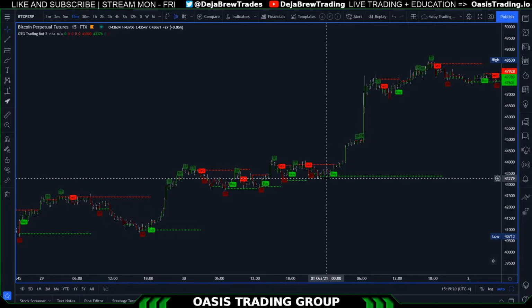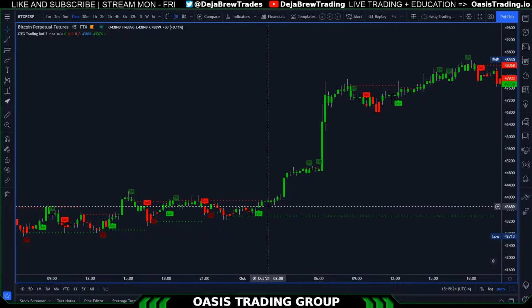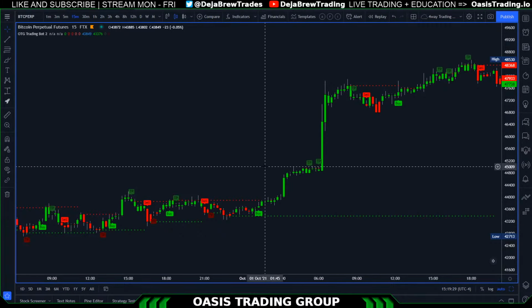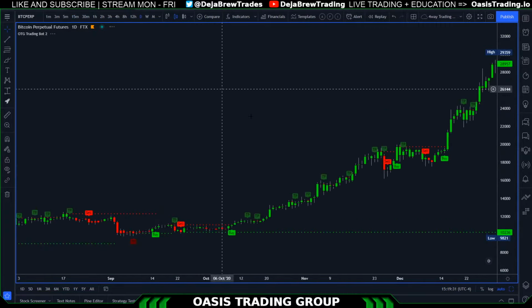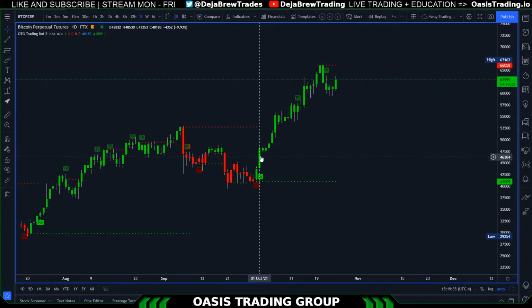October 1st, right here. So this buy signal would have come in around 43.6. So it seems like most of the low time frames were giving you a buy somewhere around 43,000, while the daily was giving you a buy at 48,000.